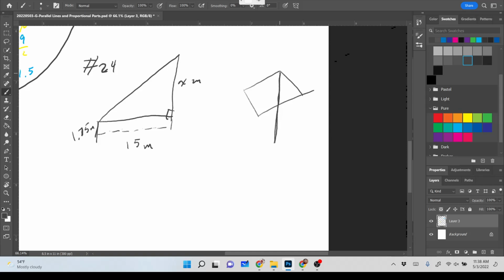And we are told this is 10 centimeters. We are told that this is AD, and we're also told that AD is like this. We're going to assume that these are parallel to this. And this is 6 centimeters.